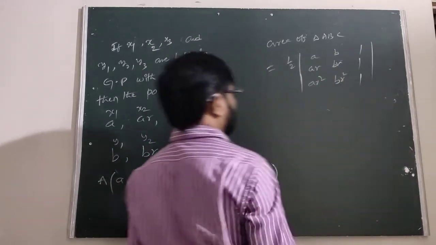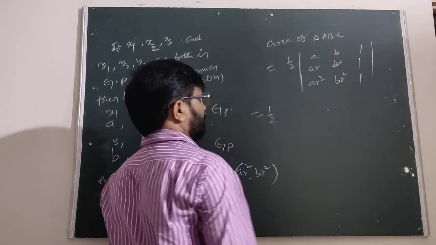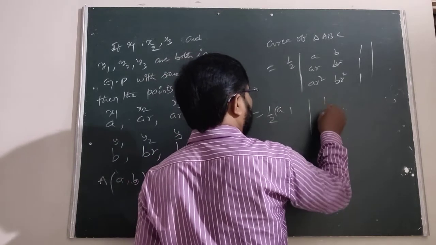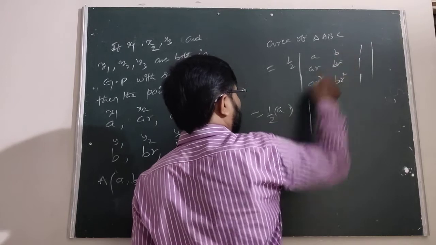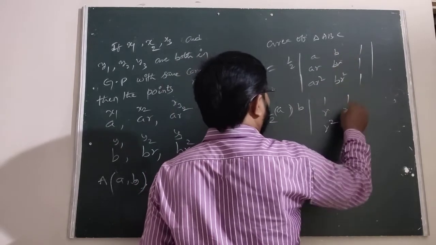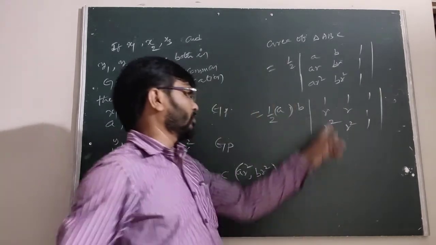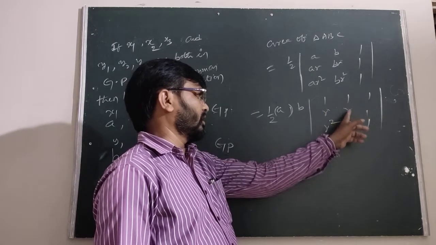Now we take the common factor a from the first row, and that leaves 1, r, r square. In the second row the common factor is b, leaving 1, r, r square. The third row is 1, 1, 1. Therefore, the first column is 1, r, r square, and the second column is 1, r, r square.